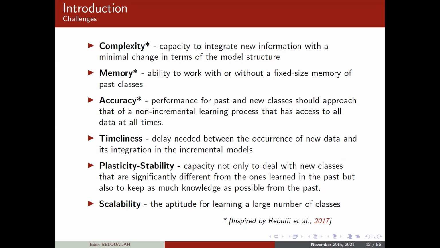Okay, I will try to go through them one by one. For the complexity, in my opinion, the layer that should evolve is the classification layer, because we should add neurons to be able to classify the new classes. So in terms of complexity, we cannot go below the increase of the classification layer.